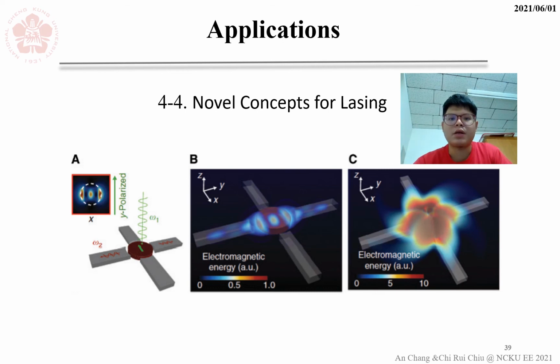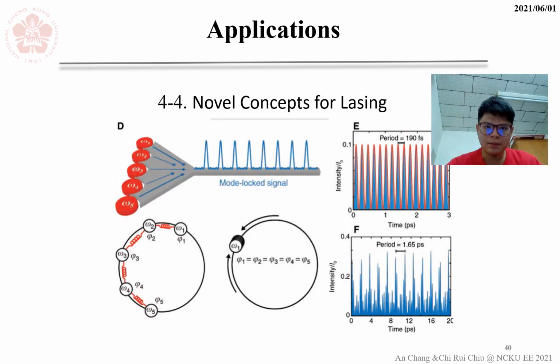By pumping the scattering mode of the InGaAs structure, no coupling in occurs, as shown in Figure C. Figure D shows an anapole chain of weakly coupled nanodisks generating a mode-locked signal propagating in the nanowire channel, and so do Figures E and F.